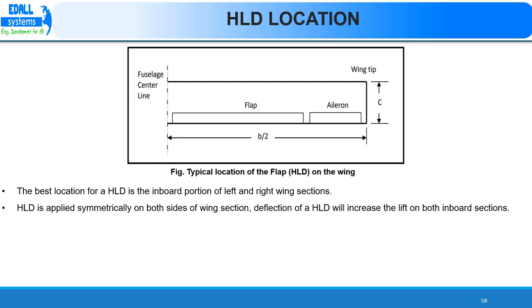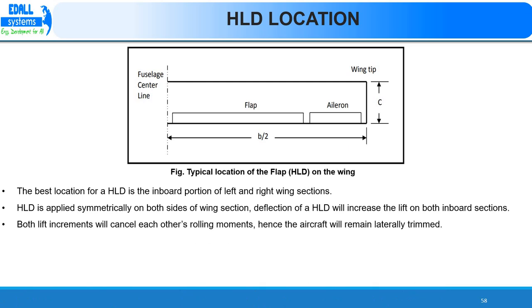Deflection of high-lift device will increase the lift on both inboard sections of the wing. Both lift increments due to the high-lift device deflection will cancel out each other's rolling moment, hence the aircraft will remain laterally stable.